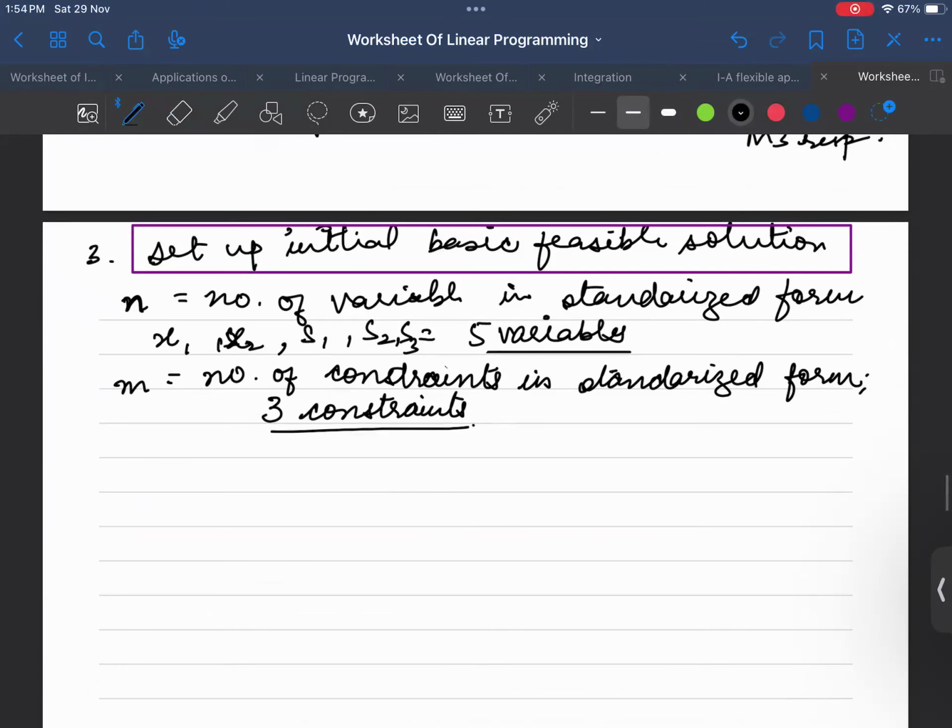Yes. Now we have n equal to 4, we can say, and m equal to 3, right? Where we know n is more than m.